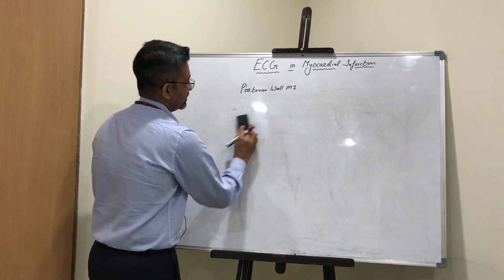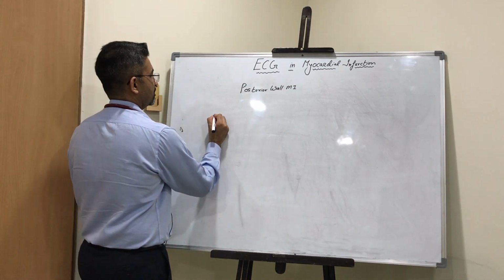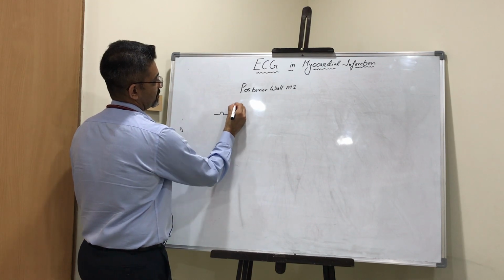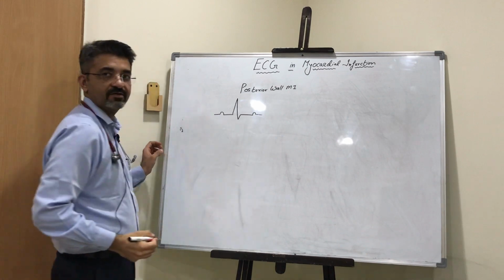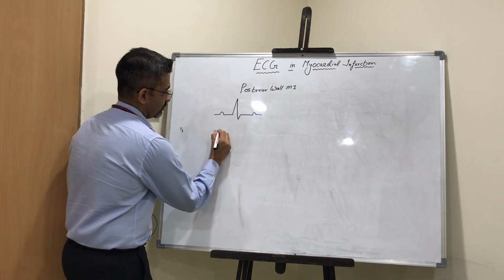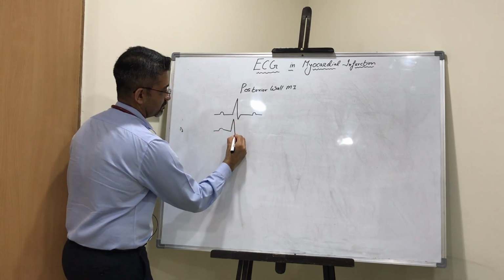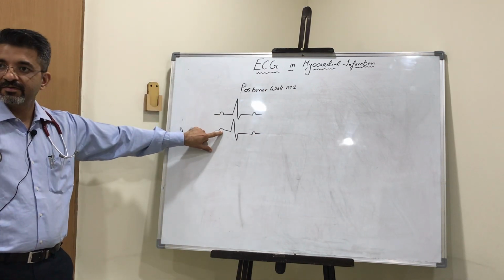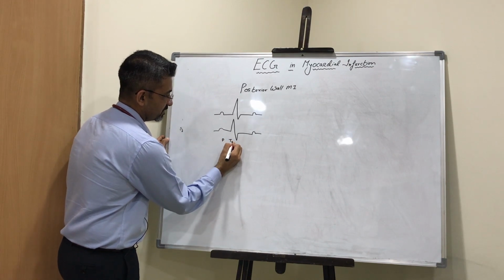If we talk of, say, atrial infarction, so in the first lecture we learned that it is the PR segment which tells you about the atria. So what will happen? It will become like this. Can you see the difference? This is known as the PTA segment.